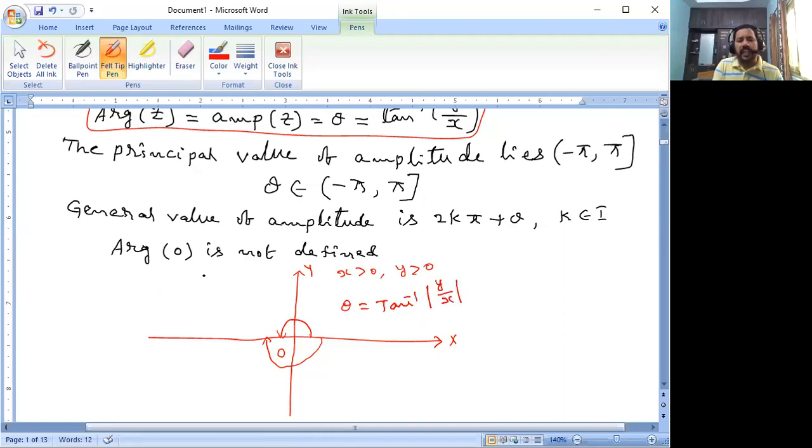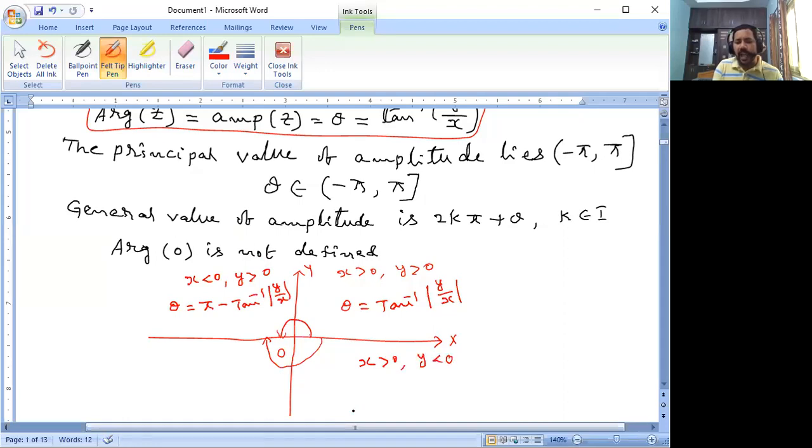Suppose in the second quadrant x is negative, y is positive. Then the amplitude is theta equal to pi minus tan inverse mod y by x. Now go to the fourth quadrant. x is greater than 0 and y is less than 0.